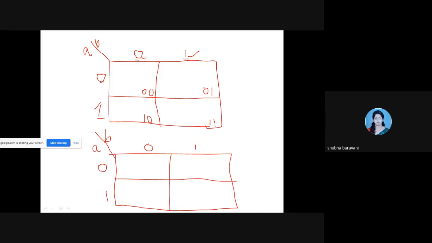Another way of representing this is, see, 0, 0 is 0. 0, 1 is 1. 1, 0 is 2. 1, 1 is 3. Understood up till here?